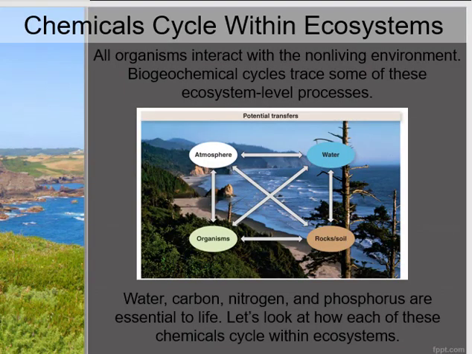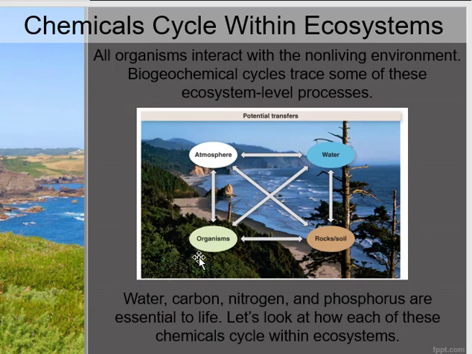Cycles. Every chemical, every bit of mass in the world cycles. Okay? And they all have these different cycles. Water is constantly moving. It's maybe in the ocean, and then it evaporates and goes into the air and becomes humidity, and then it rains on the land and becomes fresh water.